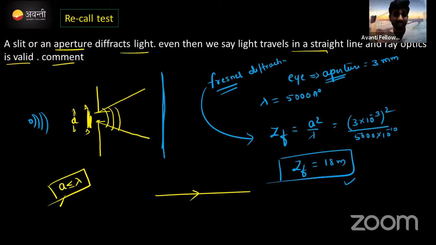Since diffraction is happening over this short distance, whatever light diverges, we can consider as a straight beam of light, like this. That's why it is valid in ray optics. Clear? It is a short distance, that's why.